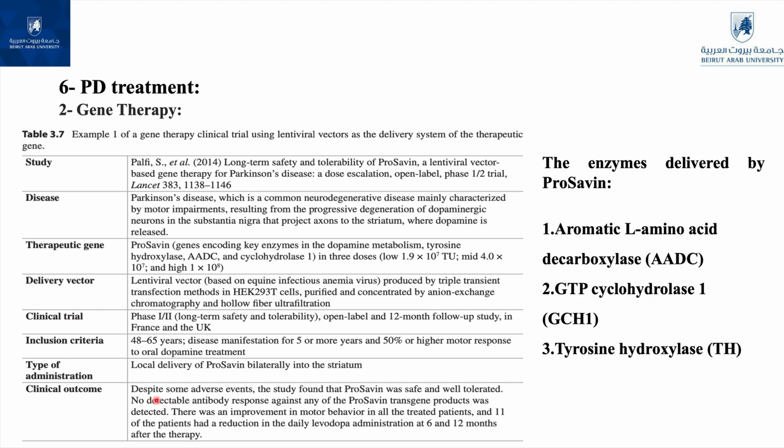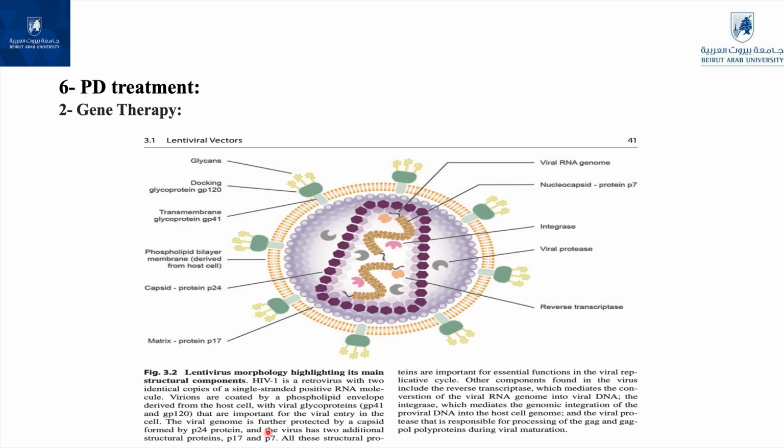The clinical outcomes show it is safe and well tolerated, with no detectable antibody response against any of the Pro7 gene products. Also, there was an improvement in motor behavior in all the treated patients, and 11 of the patients had a reduction in the daily levodopa administration at 6 and 12 months.